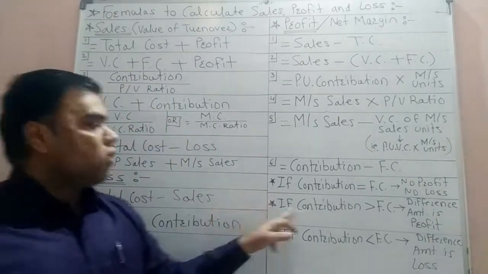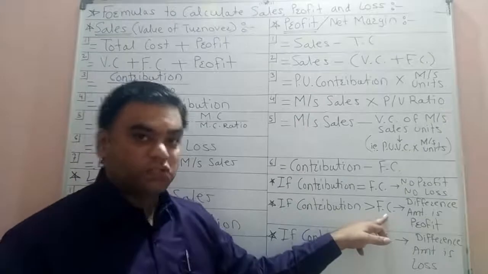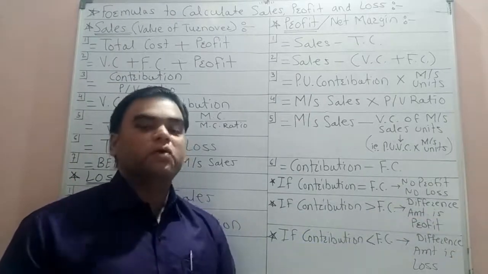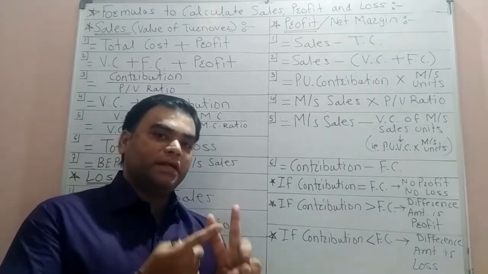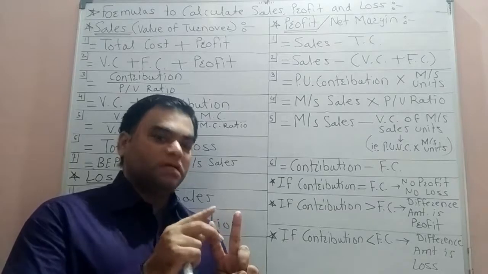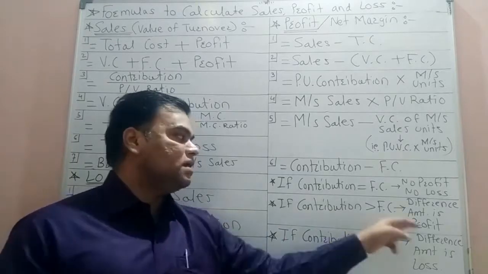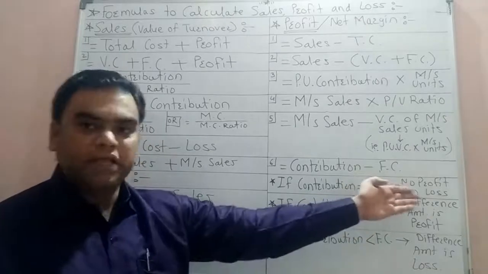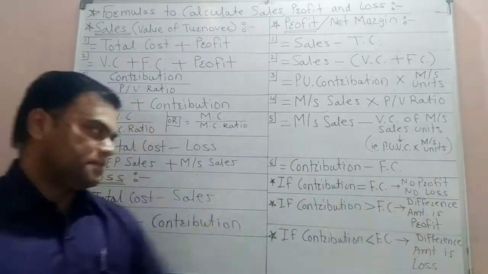But if contribution is greater than fixed cost, then the remaining amount will be profit, because we know contribution includes two contents, fixed cost and profit. That's why if contribution is greater than fixed cost, then the difference amount is profit.